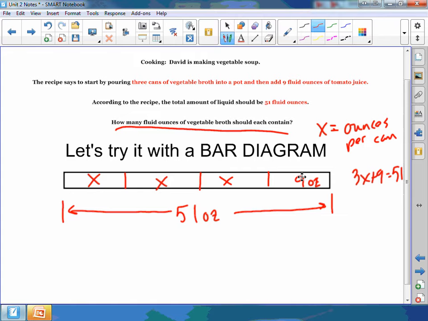And this is called a 2-step equation. Why don't you figure out what x equals? I'll let you try it first.